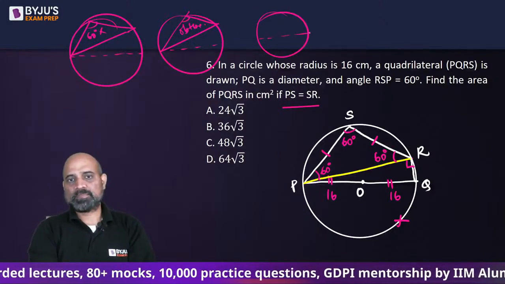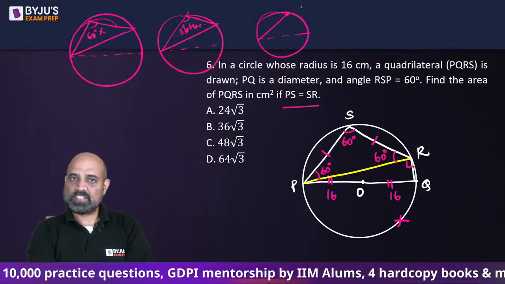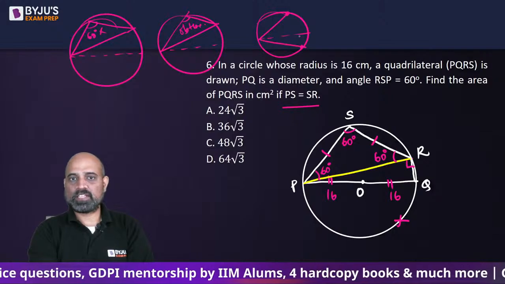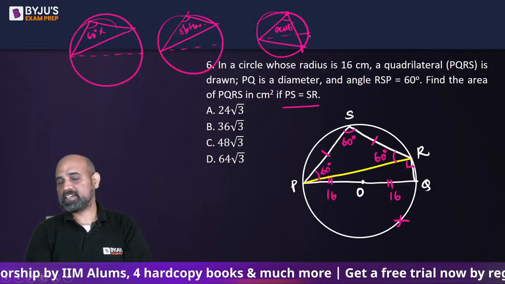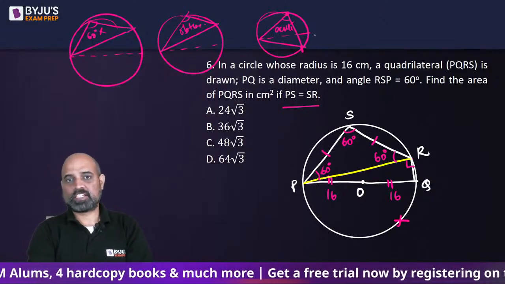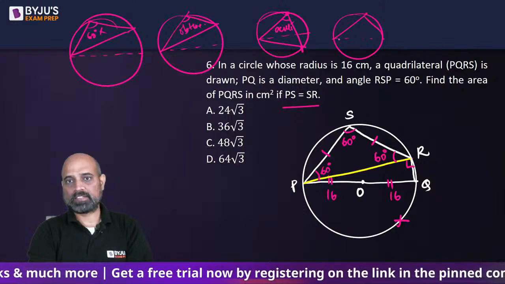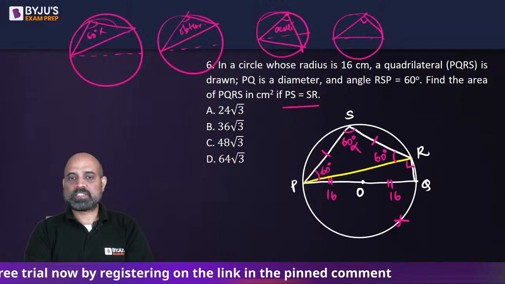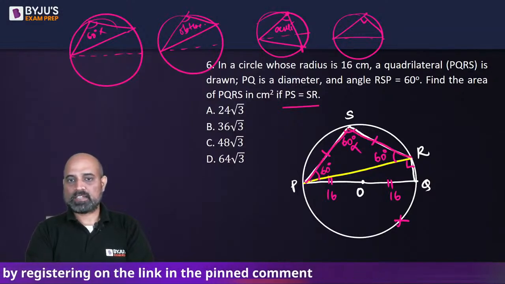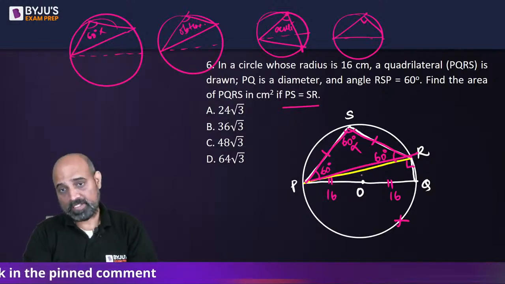When you have a diameter and one of the vertices is on one side, the other is on the other, then only you will have an acute angle here. And 60 degrees is acute. And if this point lies on the diameter itself, then you get a right angle triangle. So this can never be 60 because if you look at the triangle PSR, ये तो हो ही नहीं सकता, right?